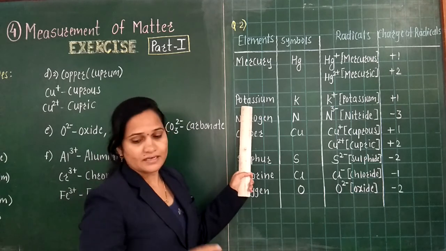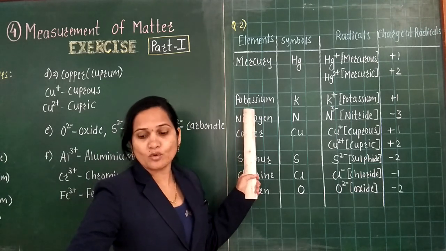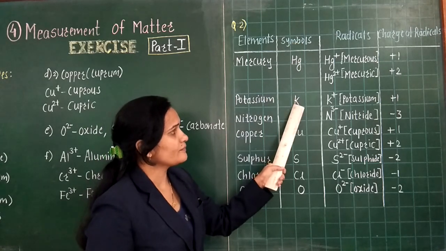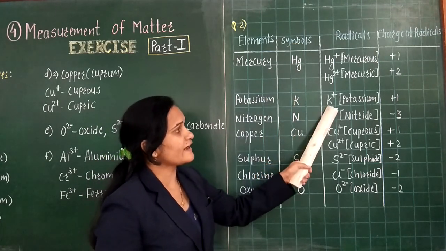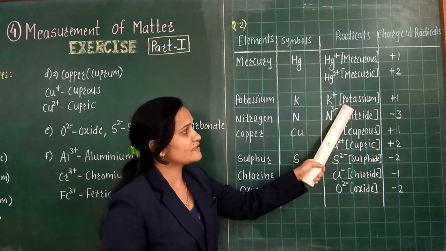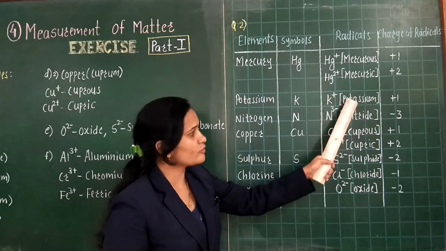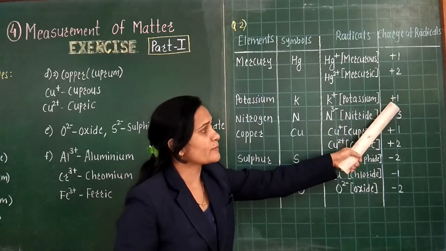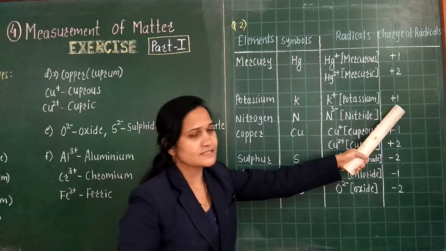Now see the second element given in the textbook, potassium. The potassium symbol is K, and only one radical is present in potassium. So K plus, and the name of that radical is potassium only, and the charge of the radical is plus 1.